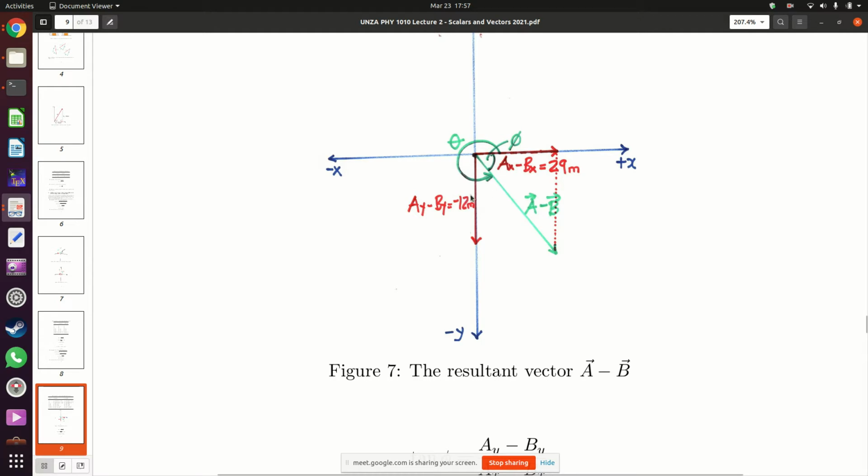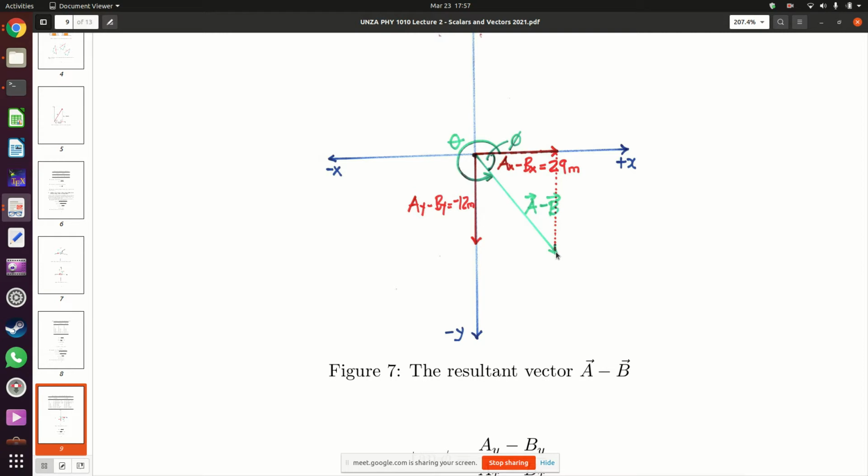So in this case, we put this negative bit at the end of the x component so that we end up moving like this. Then we move along the dotted line like that. We haven't changed anything because it's still AY minus BY, which is minus 12, because the size we are moving along the y-axis is minus 12 and the direction is parallel to the y-axis.